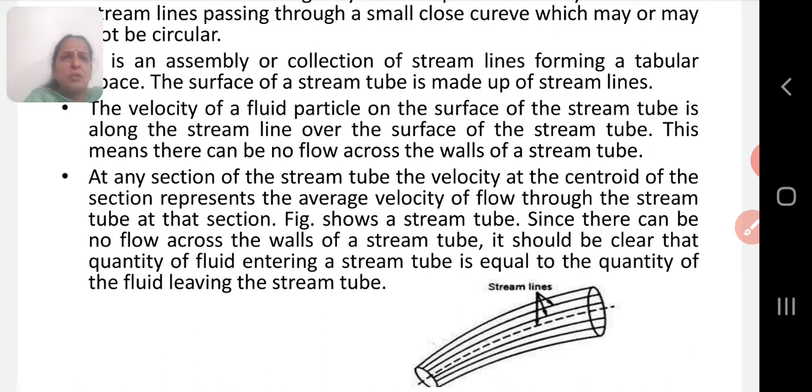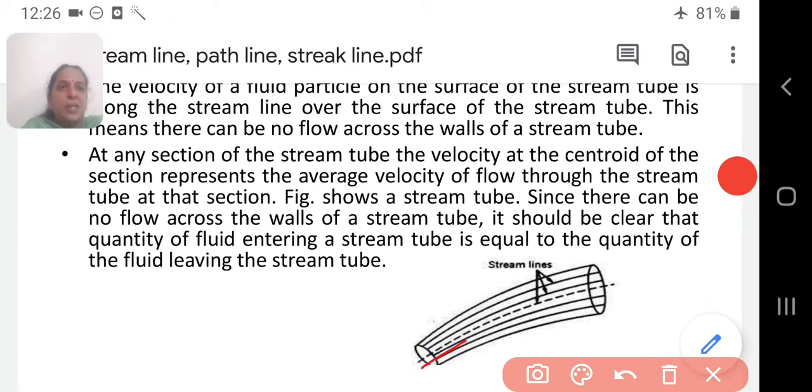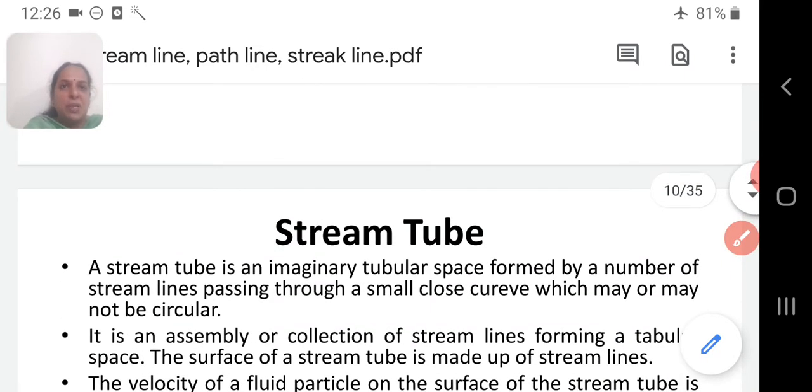Okay, so the velocity at the centroid of the section represents the average velocity of flow through the stream tube. In other words, the quantity of fluid that is entering the stream tube is equal to the quantity of the fluid that is leaving the stream tube. That is the main thing. We are not going to consider the velocity of the fluid particle on the surface of the stream tube, because the stream tube is an imaginary tube formed by a number of streamlines.